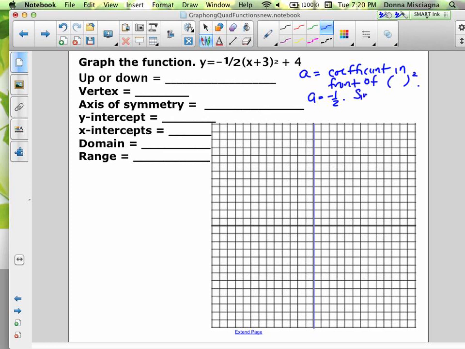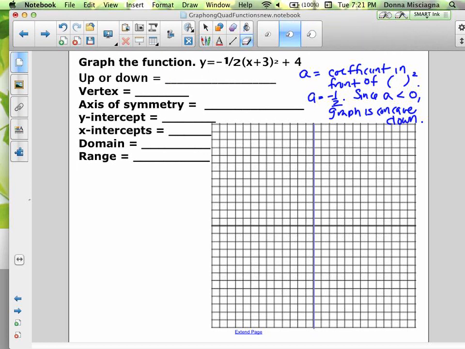And since A is less than 0, our graph is concave down. You can write down, actually let's write concave down. Let's be mathematically precise. Concave down.